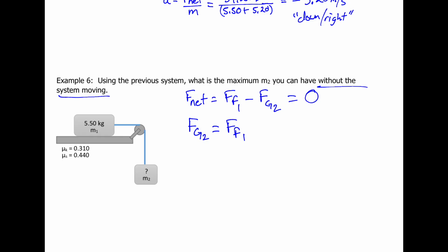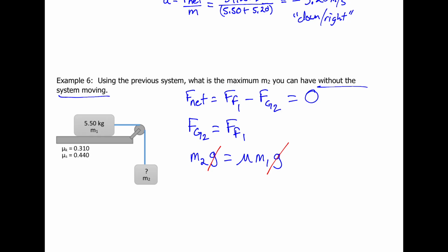If I know this is M2 with a G, and this is equal to mu M1 with a G, what do I see that I don't care about anymore? I don't really care about G anymore. You can get rid of that. That's one less thing to deal with. It's not hard because we know the number, but it's one less thing to put into your calculator.